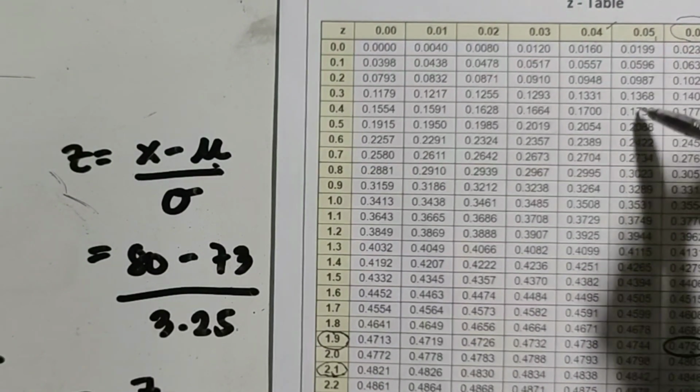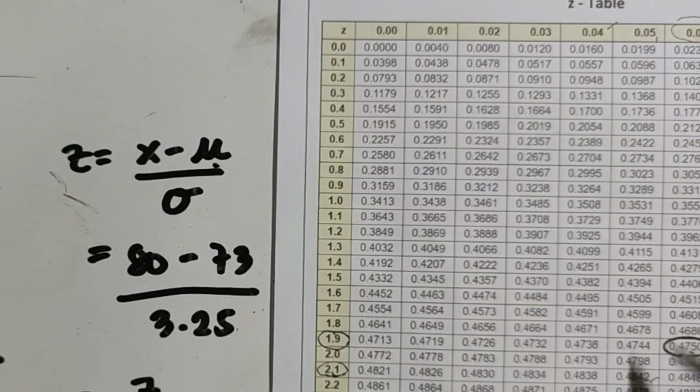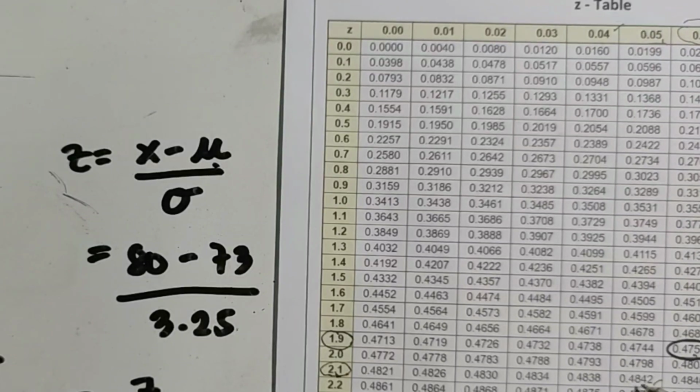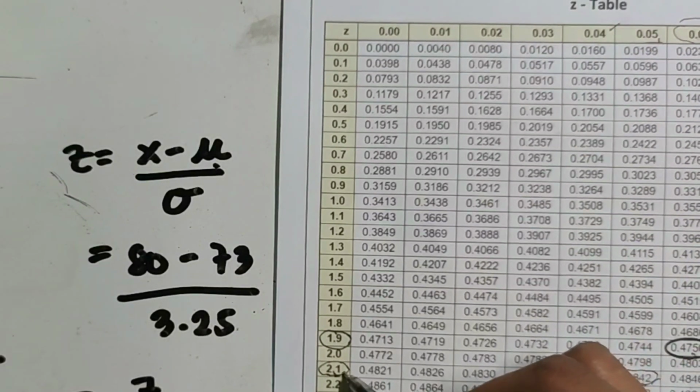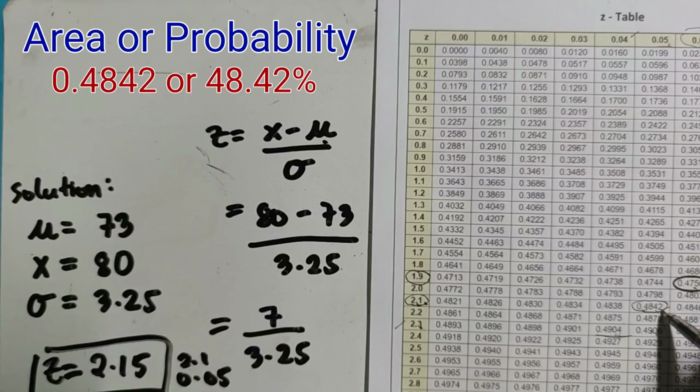So connect natin 0.05 at saka si 2.1. So, the area under the normal curve, under the Z-score of 2.15 is 0.4842. So you have to convert into percent form, multiply it by 100. So 0.4842 times 100, the area is 48.42%. So that is the area of our Z-score, which is 2.15.